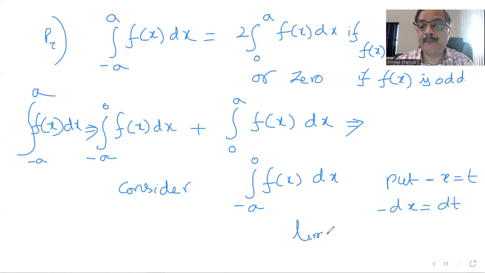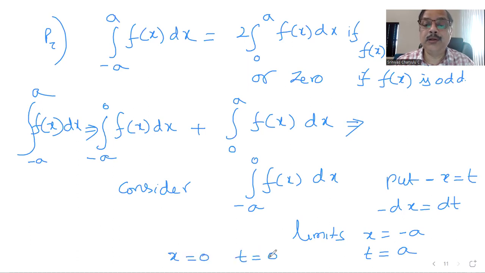Limits. So when x is equal to minus a, then t will become a. When x is equal to 0, t is equal to 0. So upper limit is 0, lower limit is a.